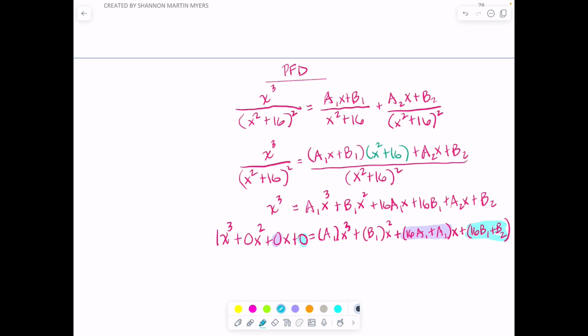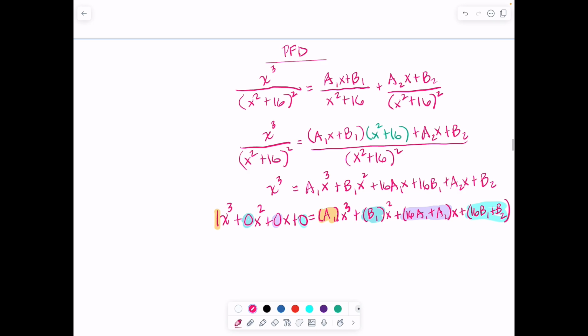The x squared coefficient on the right is b1, and on the left is 0. And on the left, the coefficient to x cubed is 1, and on the right, it's a1. So equating those things that we highlighted, we'll get a1 is 1, b1 is 0.